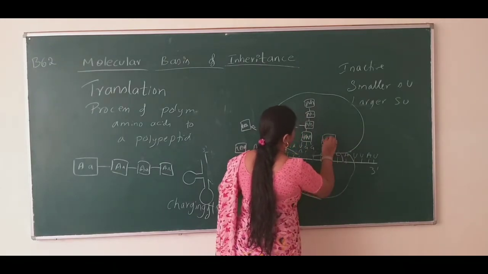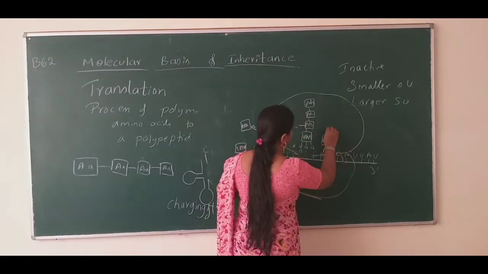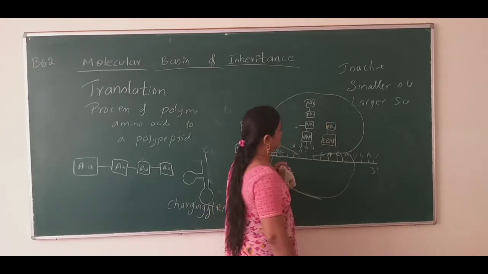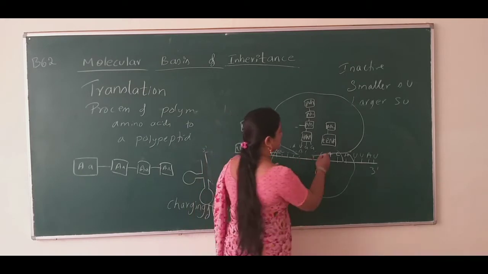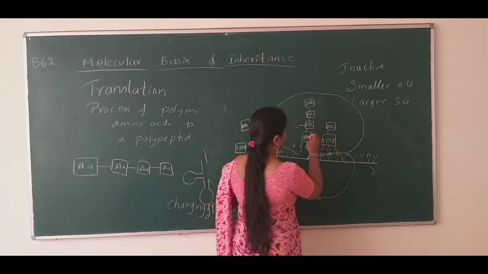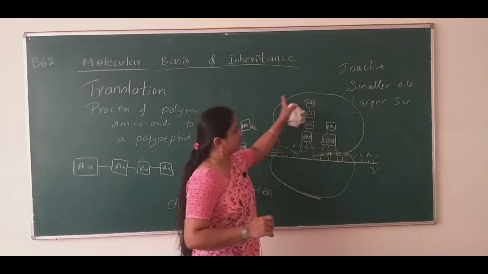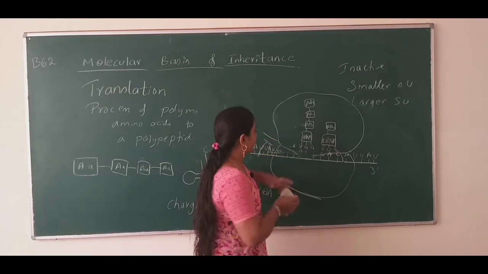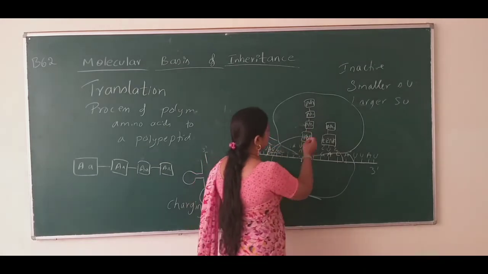This is the tRNA having the 4th amino acid, so the complementary base pair will be CUG. And when the ribosome moves forward, this tRNA will get detached.